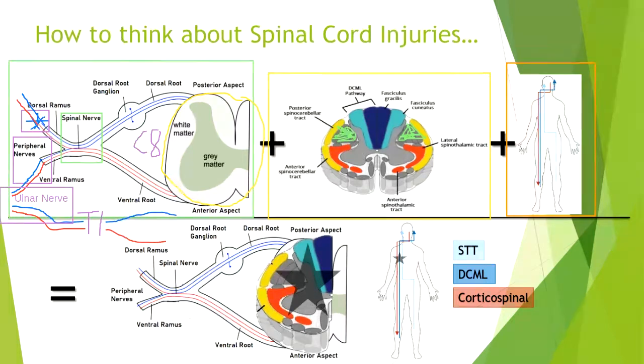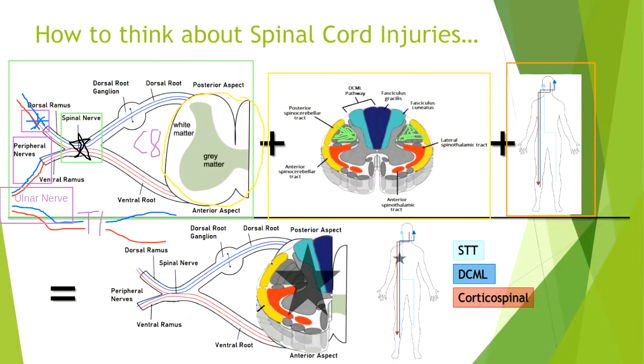So I'm going to use a little black pen. I'm just going to put a star on the spinal nerve. So if we had an injury here, please ignore my dodgy drawing skills. If we had an injury to the spinal nerve, and let's say this is the right C8, we're going to see deficits just in the distribution of that one C8 nerve on the one side.